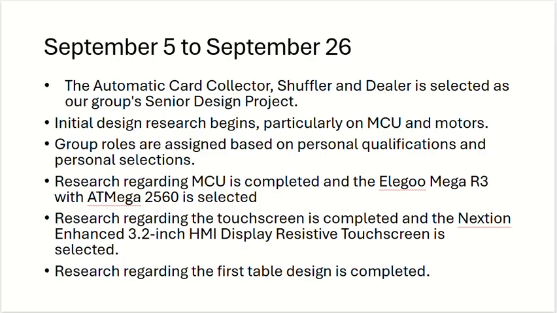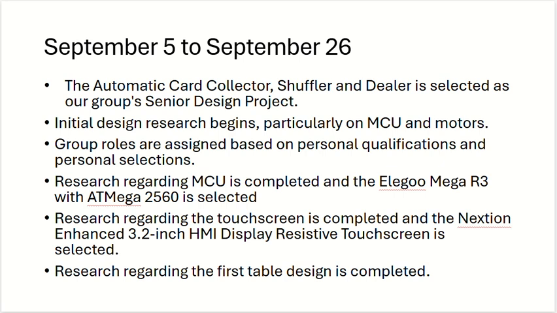In our first couple of weeks, from September 5th to the 26th, we selected our project. The initial research began in this time frame, particularly on the MCU and motors. Group roles were assigned based on personal qualifications and personal selections.